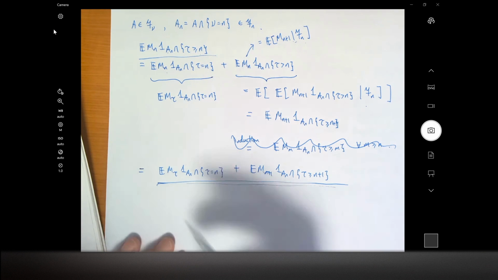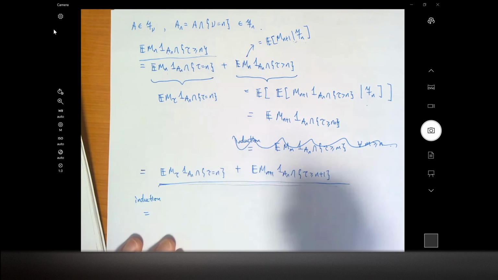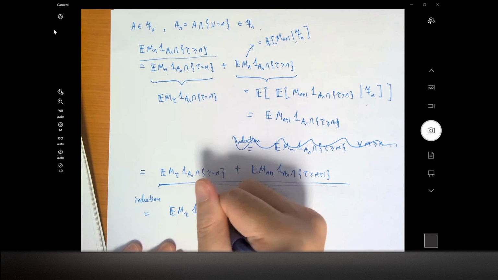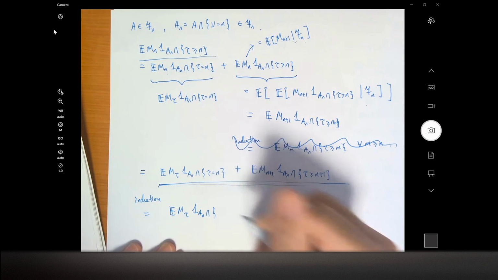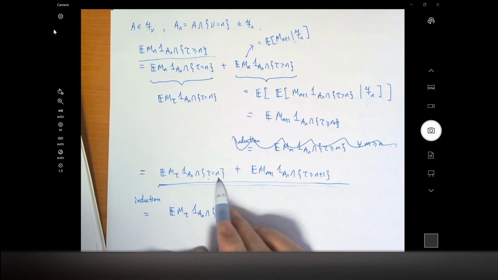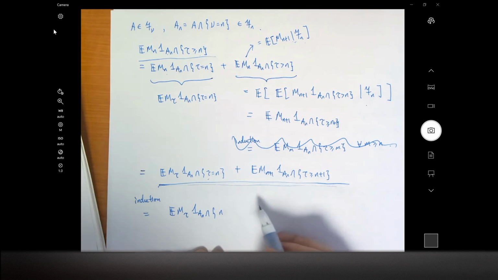So by induction, I will get M_tau on A_n where tau equals n, then another term where tau equals n plus 1, then tau equals n plus 2, and so on.